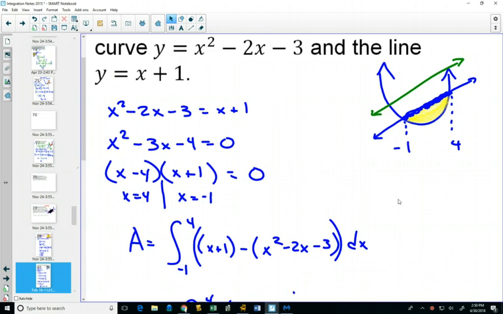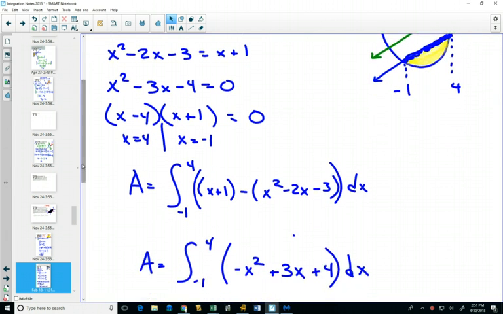If you want to check to see how you are doing, first of all, you've got to find out where they intersect. Were you able to get 4 and negative 1? Okay. Again, this was the line, subtract the parabola.